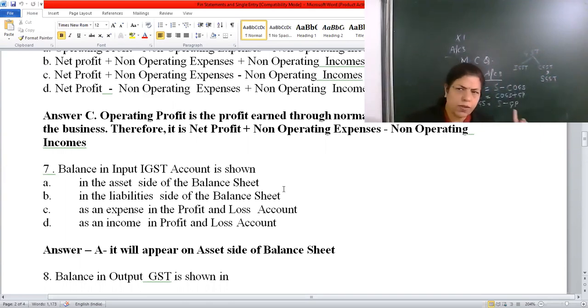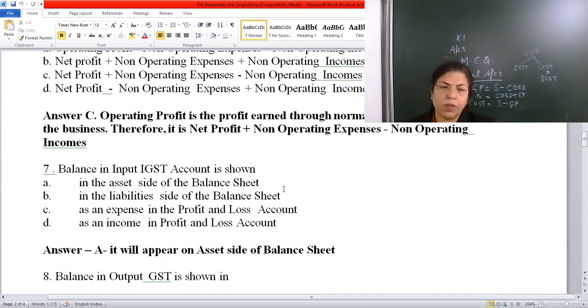Do you know about these? I'm sure you must know. IGST, Integrated Goods and Service Tax, CGST, Central Goods and Service Tax, SGST, State Goods and Service Tax. Very good. So balance in input.